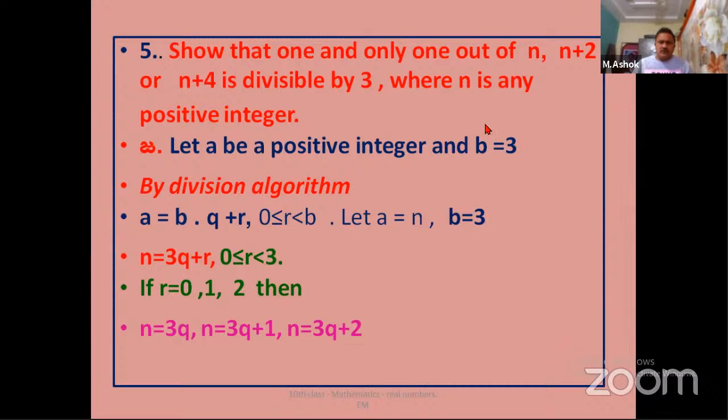So you have to show that out of these, only one will be divisible by 3. Out of all three situations, only one will be divisible by 3. So let us see.